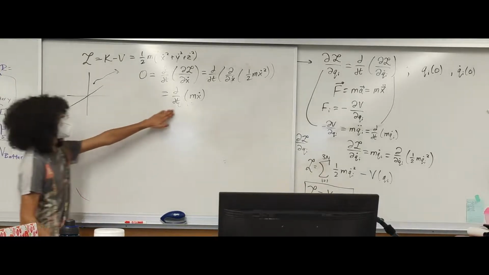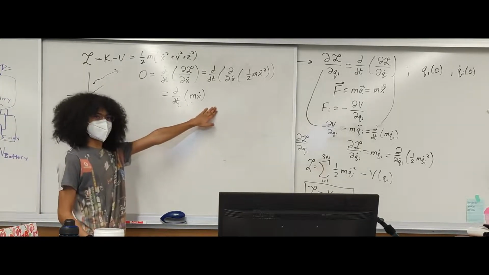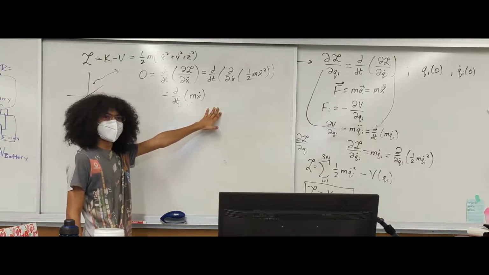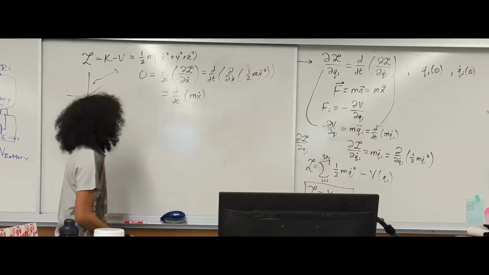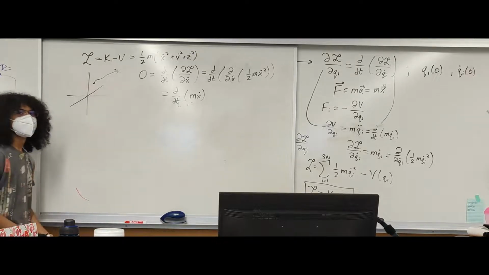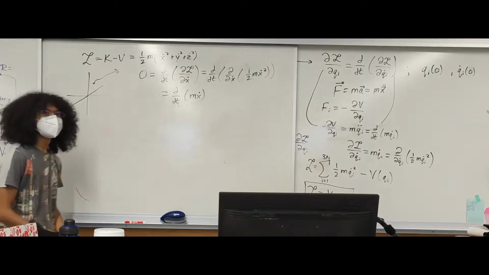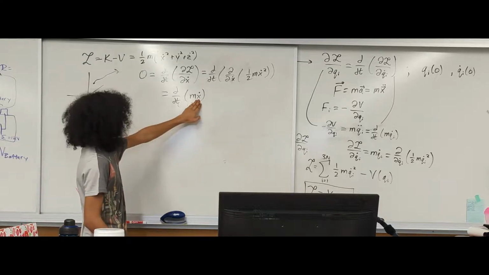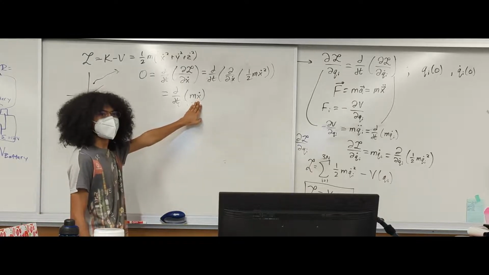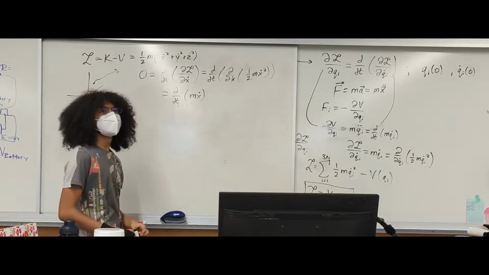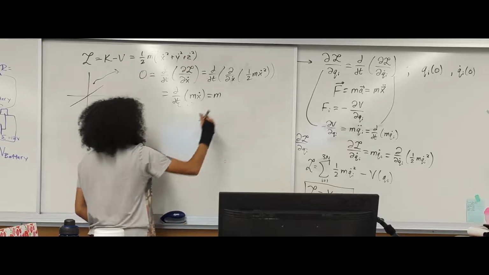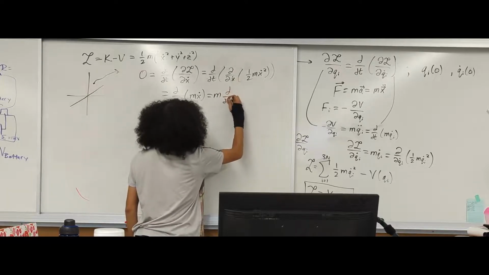But you can see what this is going to be, right? So what would this be? So you're taking the time derivative of x dot, right? So you've got the m, and then you're doing this.